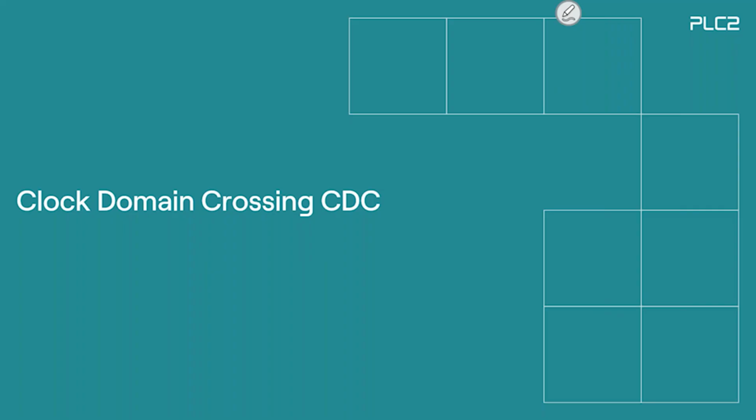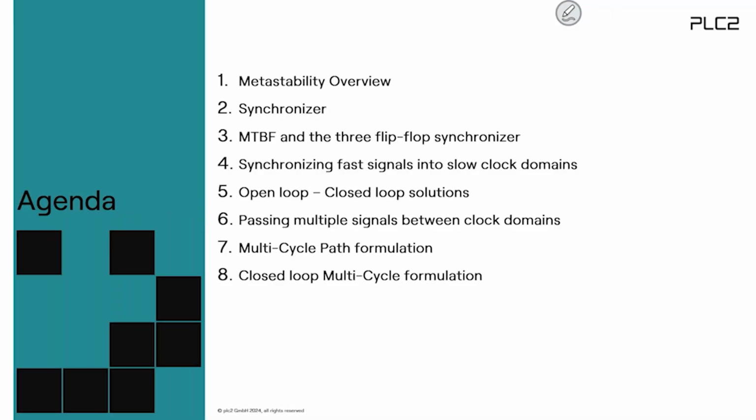What is block domain crossing? So that's the agenda. I'm going to talk about the metastability overview, the synchronizer, MTBF, and the 3 flip-flop synchronizer, synchronizing a fast signal into slow clock domains, and then different solutions, the open loop solution and the closed loop solution, to do the synchronization.